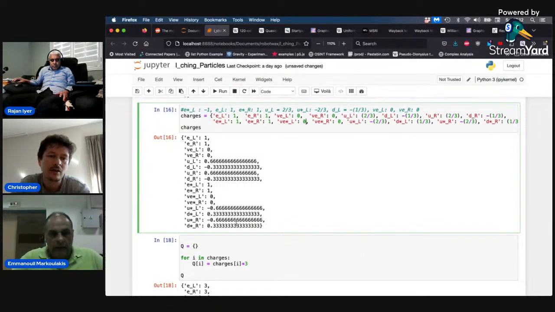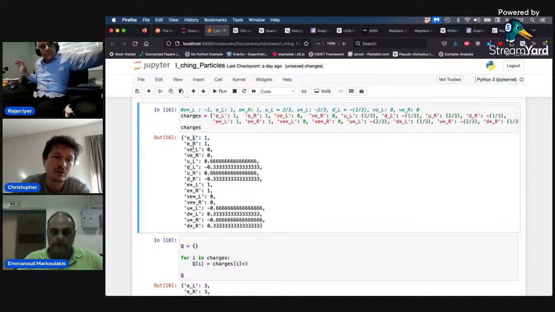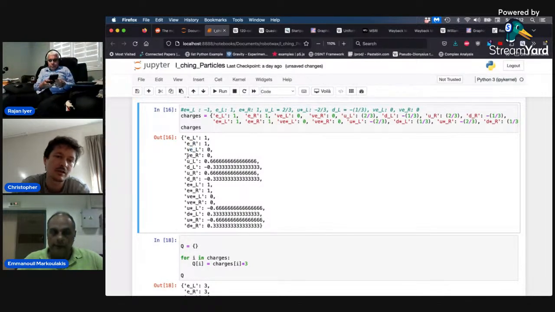Elaborate. Sure. On this, these are just the particles of the standard model. So we have the electron, and then L is just the chiral part. So that's the left-handed one. This is the right-handed one, and then V E, nu E or whatever, here I'm just representing it with a V, is the neutrino electron.